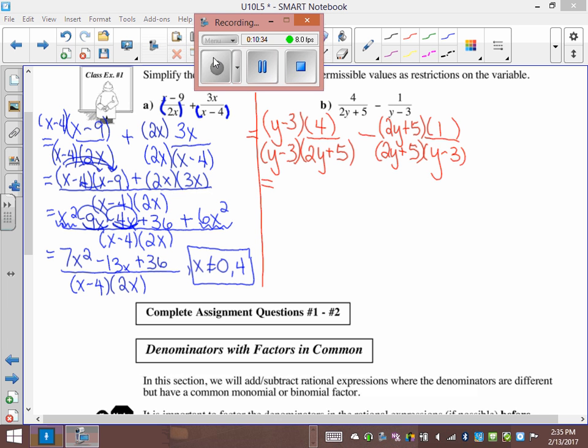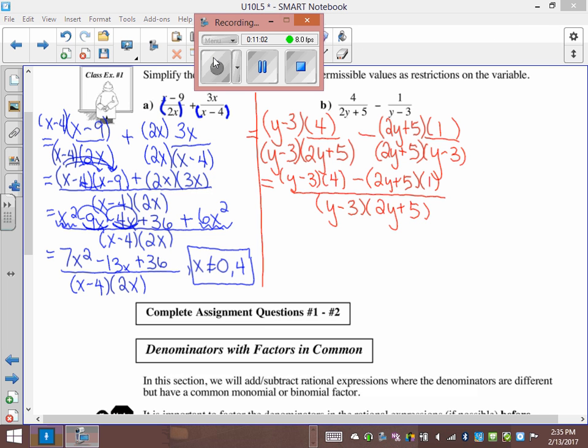Then I write them over the common denominator. Y minus 3, 2y plus 5. And I can just write them back up. So y minus 3 times 4 minus 2y plus 5 times 1.